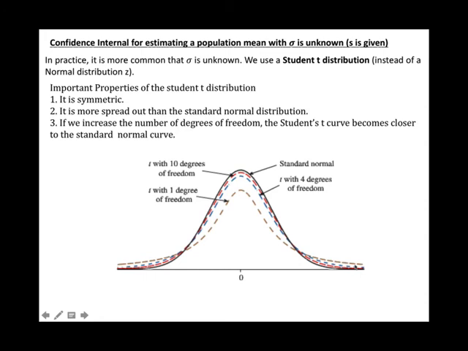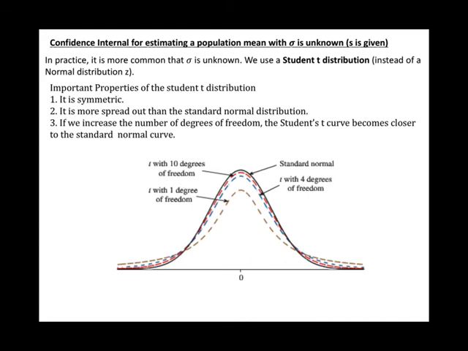So the student t distribution also looks like the normal distribution, it's just more spread out. And it is symmetric, and in the middle is 0, so the t distribution can be positive or negative, just like the z-score. And then we need to know how to find the degree of freedom.